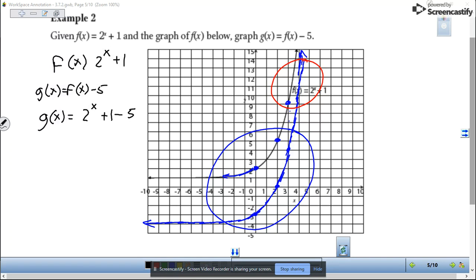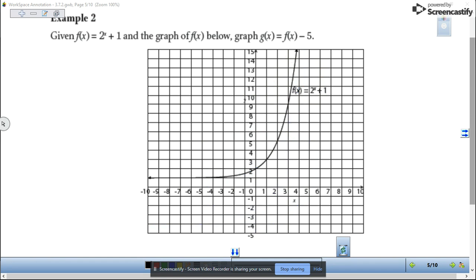So that original f of x function, and then subtract 5. Well, I can combine like terms and realize that g of x is simply 2 to the x power minus 4. Which again, we talked before, the hint was that that's your asymptote. As we can see, for the blue line down here, my asymptote is indeed -4. All right?